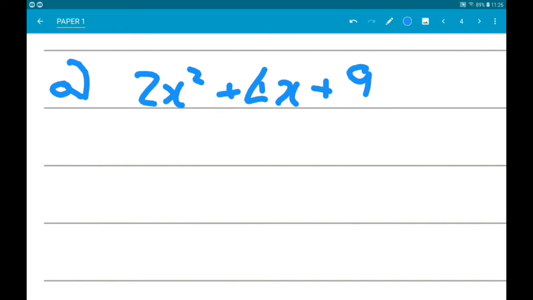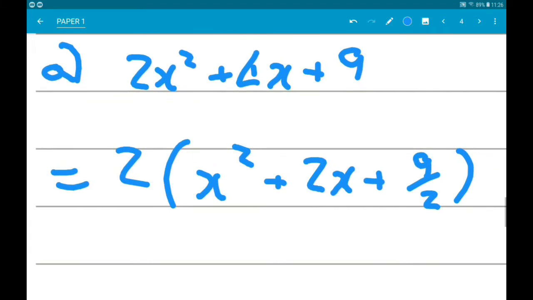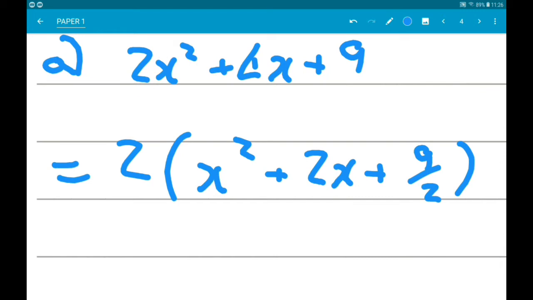So this is 2 lots of x squared add 2x add 9/2. Okay, next we can now complete the square.